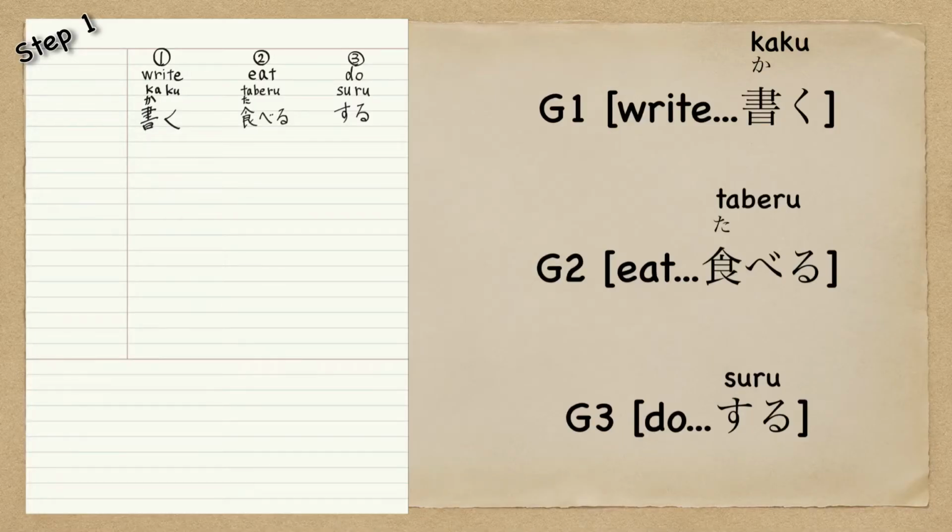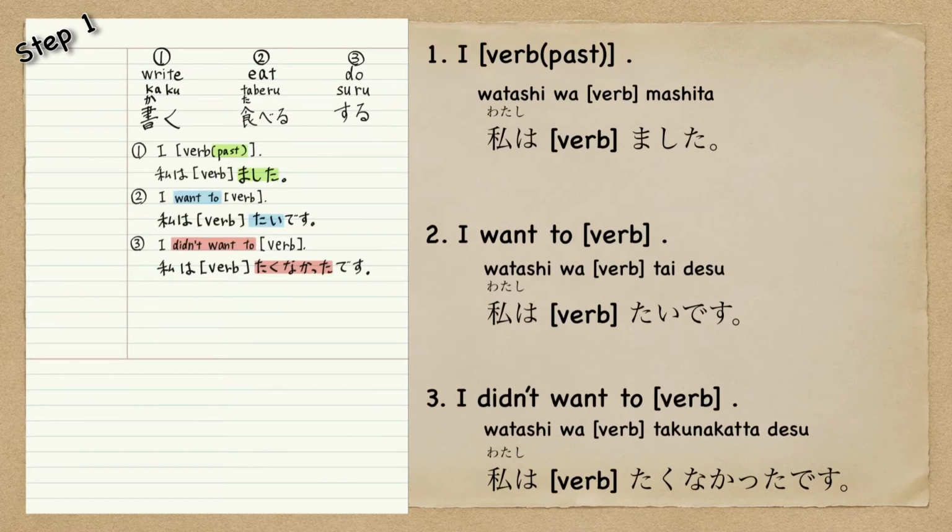Okay, step 1. Please pick up verbs one by one from group 1, group 2, and group 3. Example: write, 書く; eat, 食べる; do, する. And next, pick up some phrases in which masu form is used.